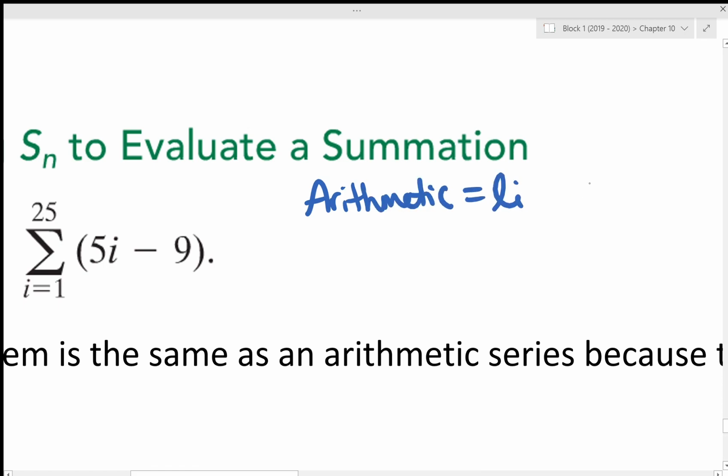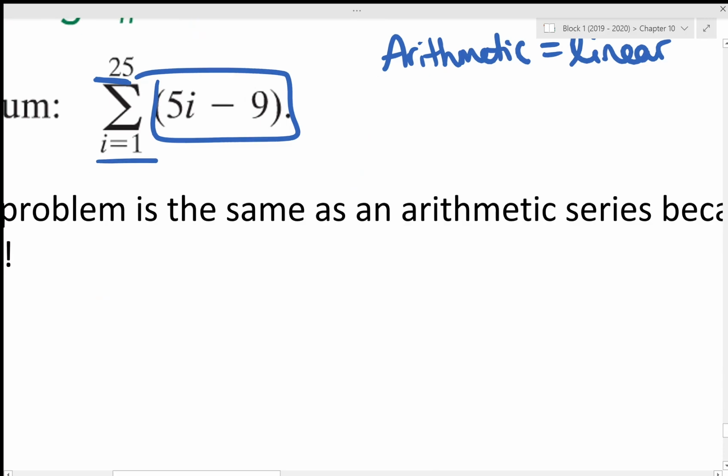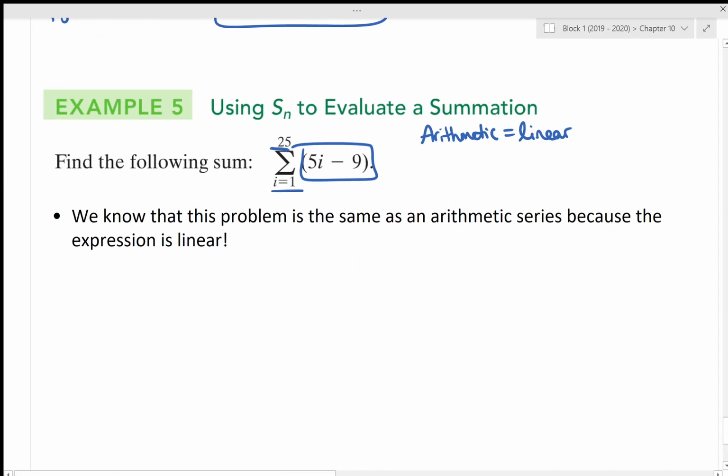So if you see your pattern is a linear function, you can go back to the idea of the arithmetic series in order to find the answer. Because who wants to sit there and plug in 1, 2, 3, 4, 5, all the way up to 25 and then add all of those up together? It's going to take too long. So if you notice, since it's linear, you can use your arithmetic series formula. S of n equals n cut in half times a of 1 plus a of n.